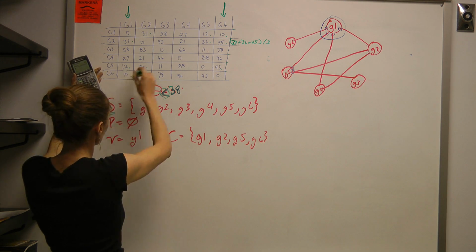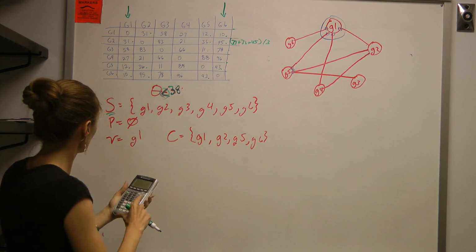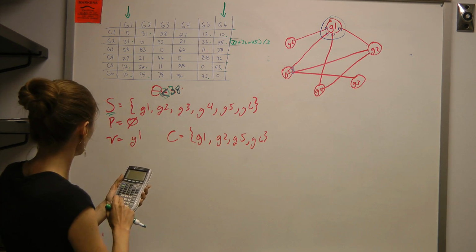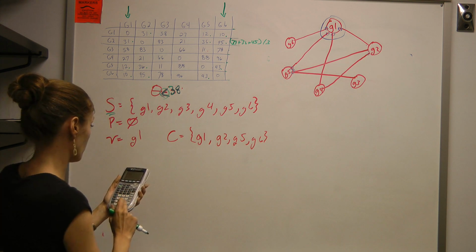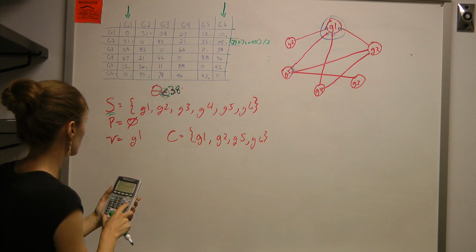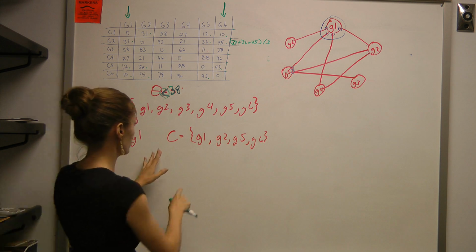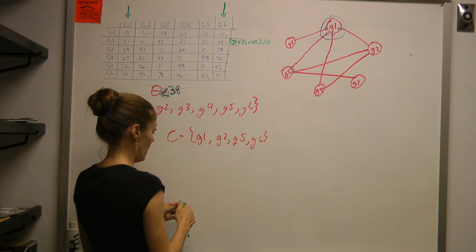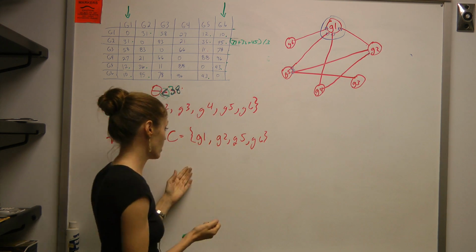And G6 is G1, G2, and G5. 10 plus 45 plus 43 divided by 3 is 32. Yeah, so that's within our threshold. So we don't remove any genes from C. So there's no more close genes and there's no distant genes.